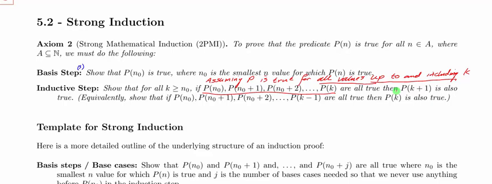So if we think of the climbing a ladder example, instead of assuming that you can get from the kth step to the k plus first step, or assuming that you can get to the kth step, showing that you can then get to the k plus first step, here we're assuming that you can get on any rung of the ladder from, say, the first one up to the kth one, then we can get to the k plus first.